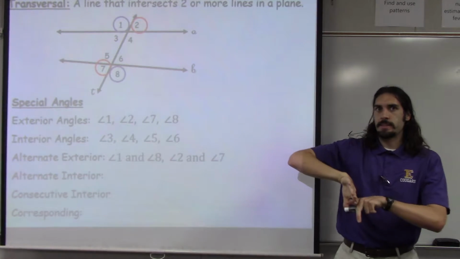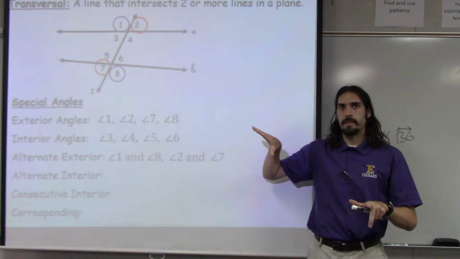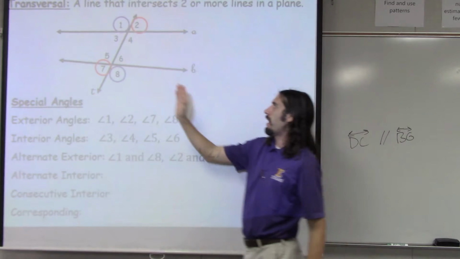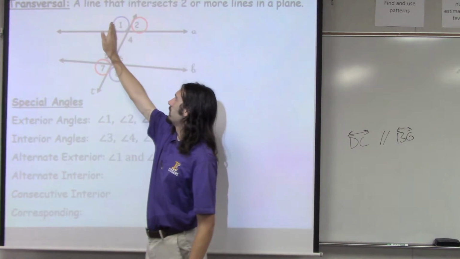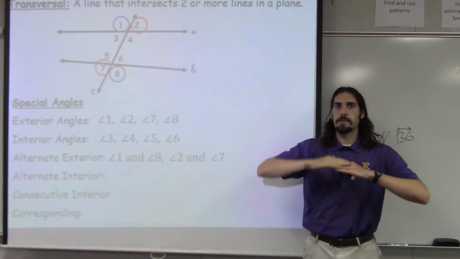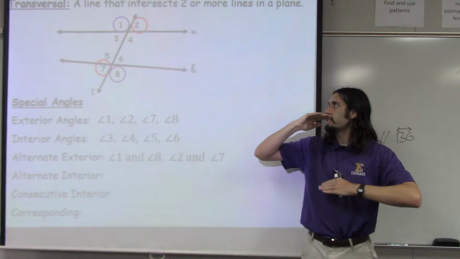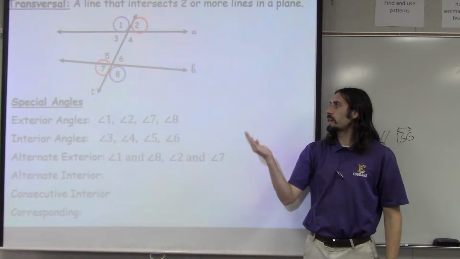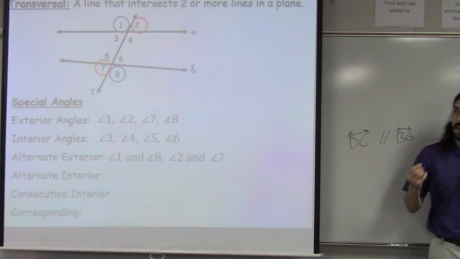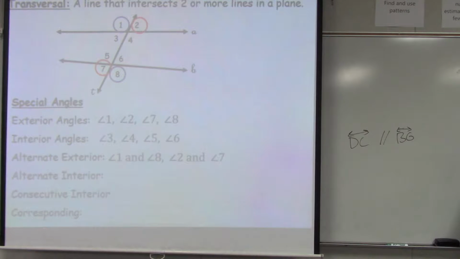They're exterior, they are outside the pair of lines. They're alternate, meaning they are on opposite sides of the transversal. That's the grouping we're looking for. So outside for exterior, opposite sides of the transversal for alternate, and we get those two pairs.